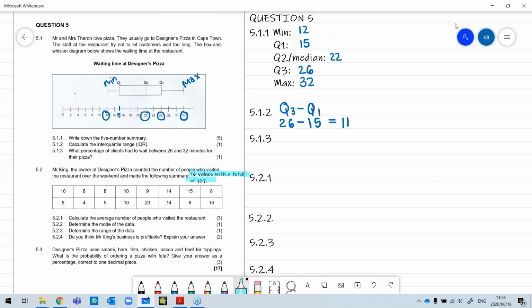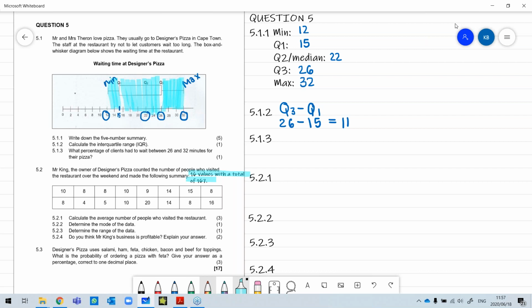Now, when we draw a box and whisker diagram, the box and whisker diagram divides our data into quarters. That means between our minimum and our first quartile, there's 25% of our data. Between the first and the second quartile is another 25% of our data. Between quartile 2 and 3, another 25%, and then between the third quartile and the maximum value is another 25%.